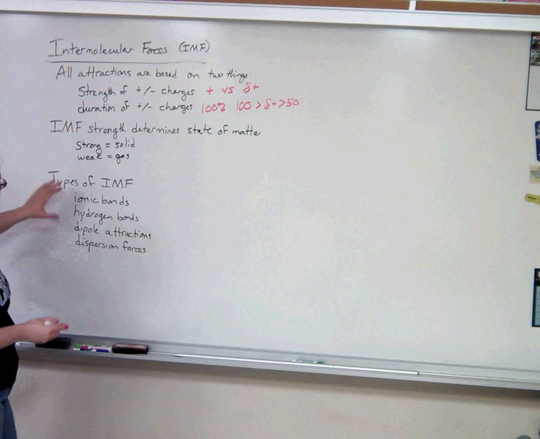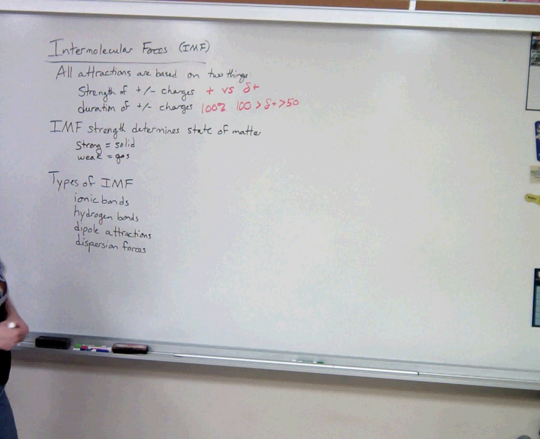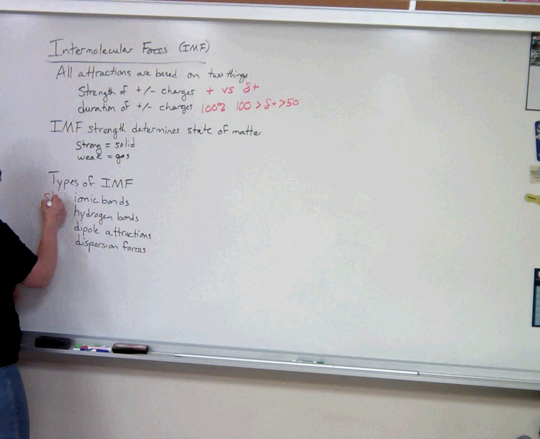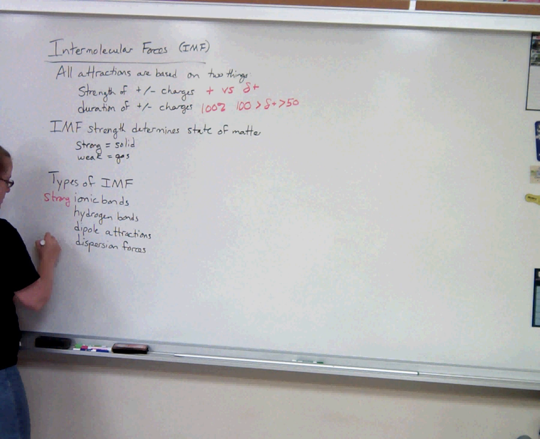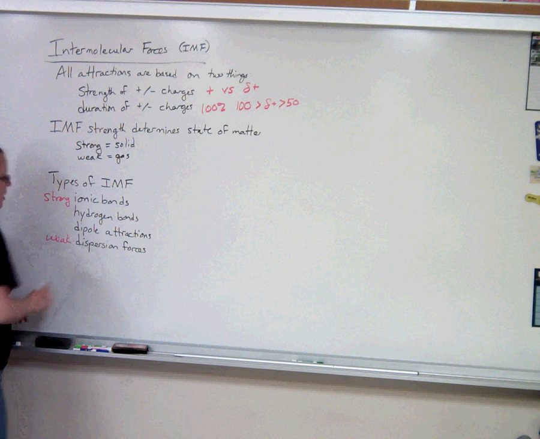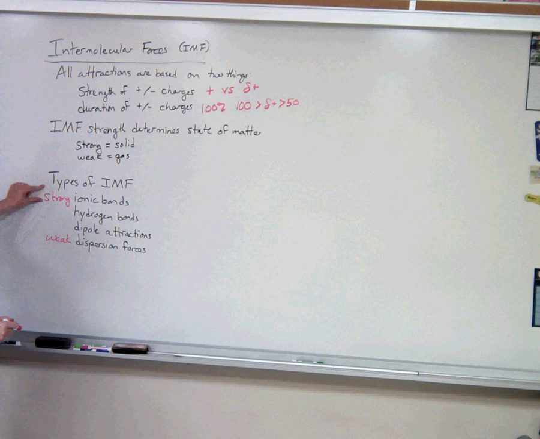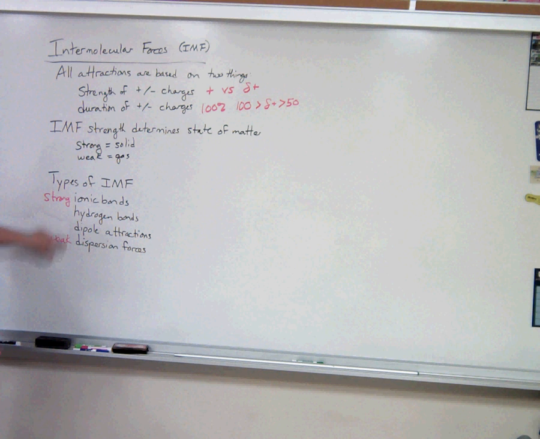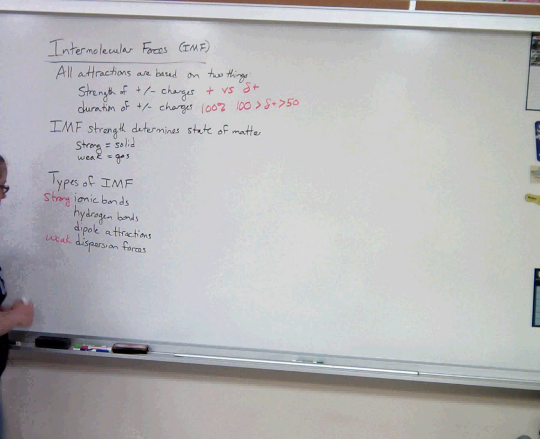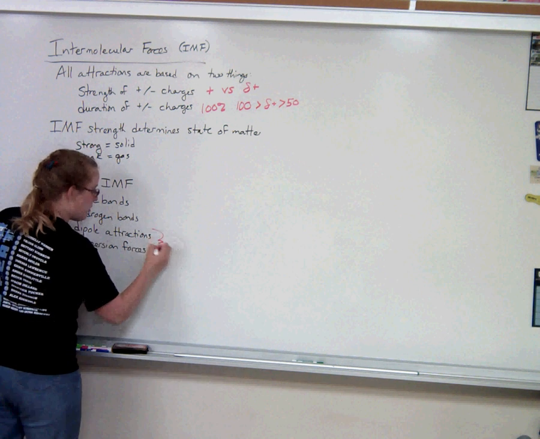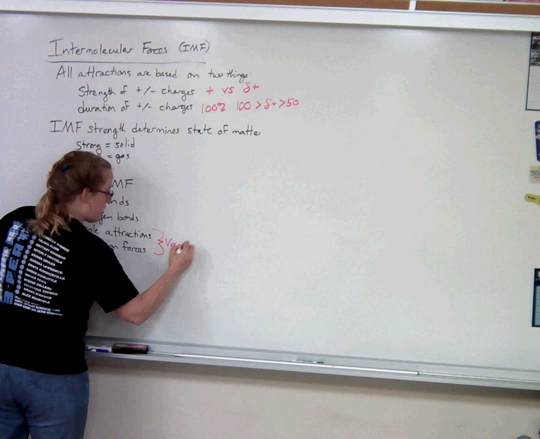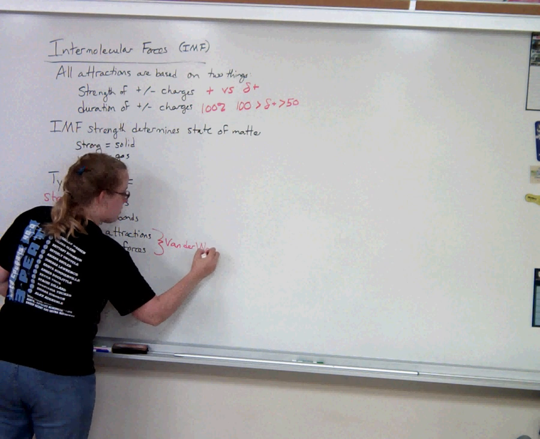Now, there are four types of intermolecular forces, going from the strongest to the weakest. Ionic bonds are the very strongest, then hydrogen bonds, then dipole attraction, then dispersion forces. Now, these last two are called van der Waals forces.